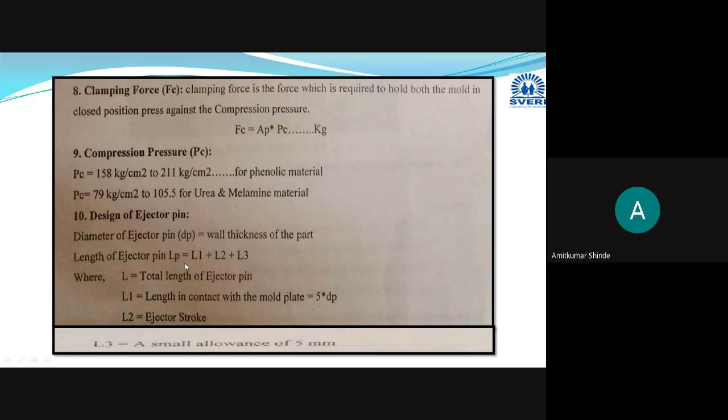The length of the ejector pin is calculated with the help of three points, L1, L2, and L3, which you have to add. L1 is the length in contact with the mold plate, which is 5 times the diameter of the ejector pin, that is, 5 times the minimum wall thickness of the part. Then L2 is the ejector stroke, and L3 is a small allowance of 5 millimeter.